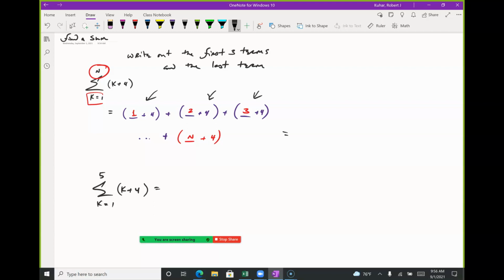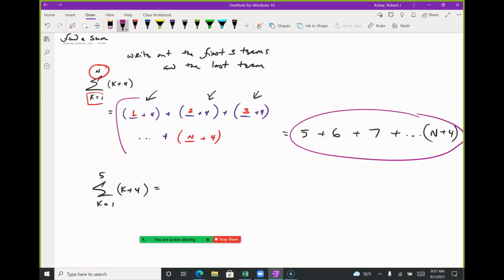Well, yeah, I can go 5 plus 6 plus 7 plus ... n plus 4. And I think the computer will take either one of these. I would rather you have this one, but you're going to write it out like this first, right? So think about it in terms of baby steps and then simplify if you can.